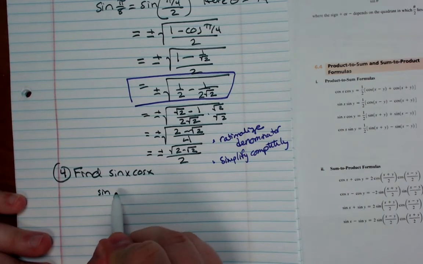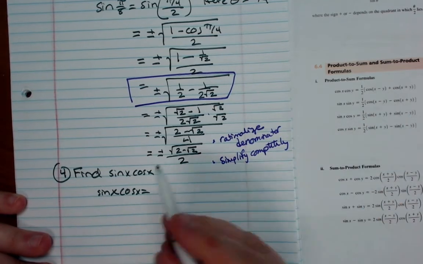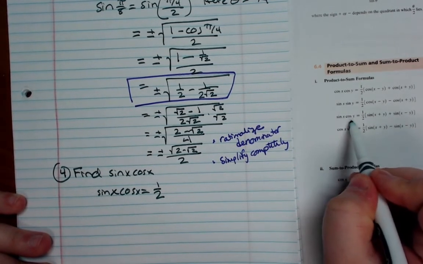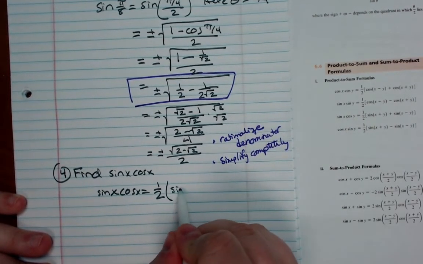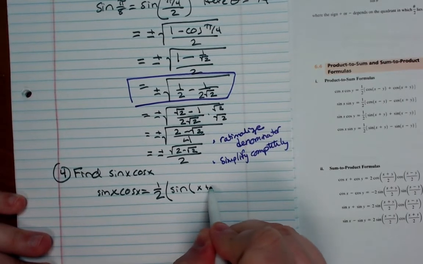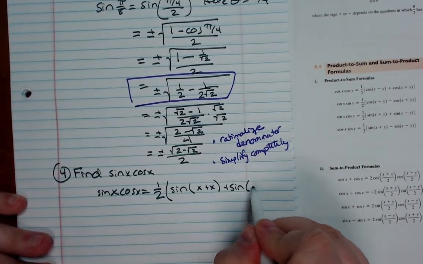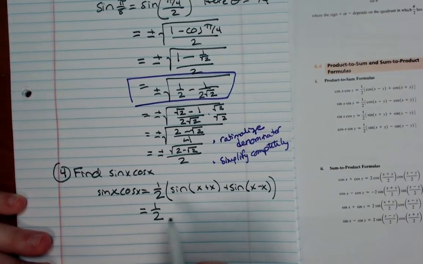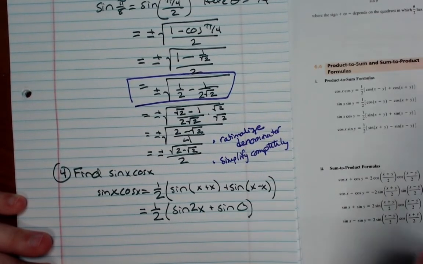So sine x cosine x equals 1/2 of sine x plus x plus sine x minus x, which is 1/2 of sine 2x plus sine of 0.